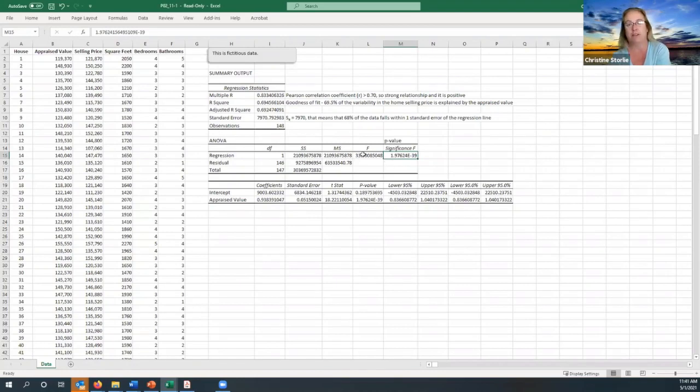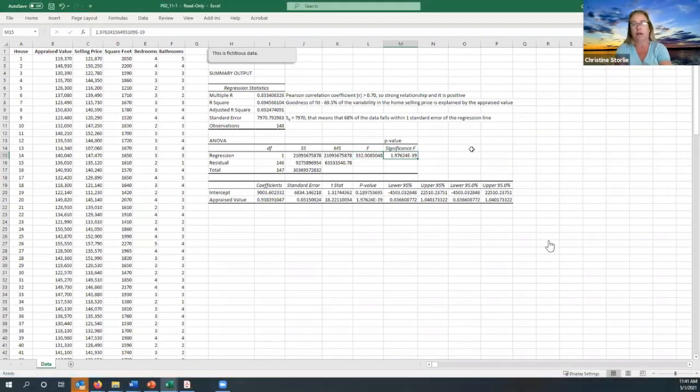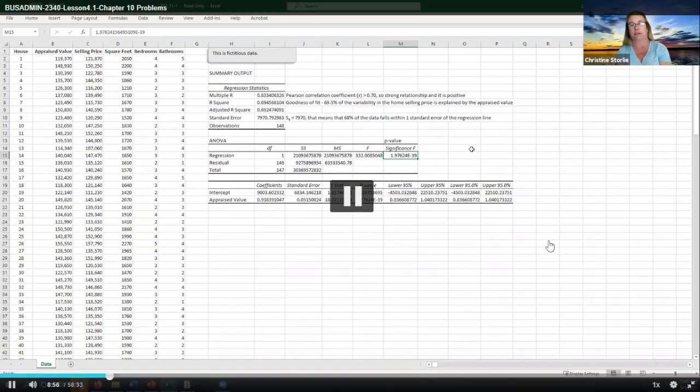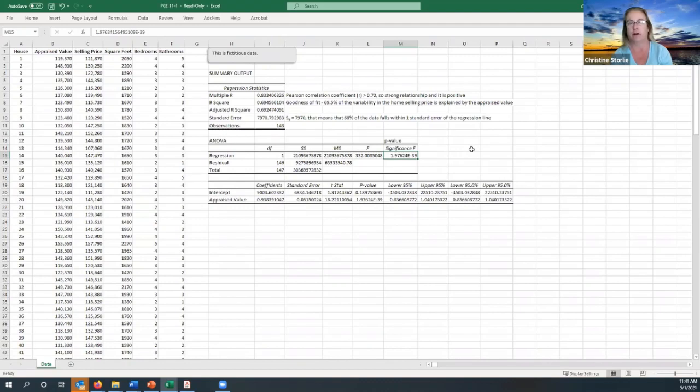As you can see, the F is extremely large at 332. That results in a p-value that's very, very small. This is 1.976 times 10 to the negative 39. Again, what that means is that there are 38 zeros to the left of that 1 and after the decimal.